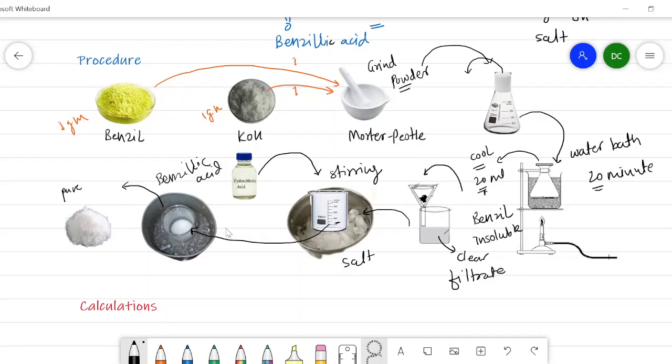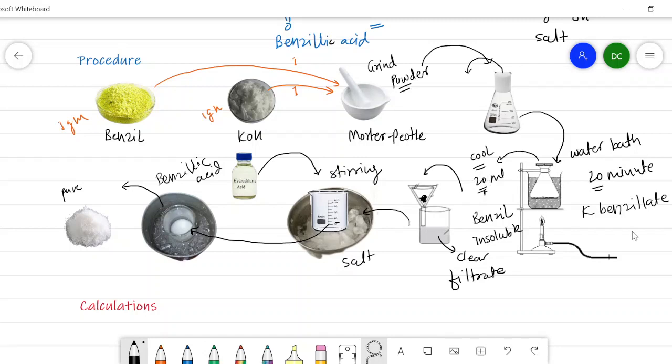Again, I am repeating the procedure. 1 gram of benzil and 1 gram of KOH are taken in the mortar and pestle. It is ground to become a free flowing powder, which is taken into the conical flask, and a cotton plug is inserted at the neck. Then this conical flask is heated on a water bath for about 20 minutes. After the heating, we get the conversion of benzil and KOH into the salt, potassium benzilate. After cooling the conical flask, we add 20 ml water.